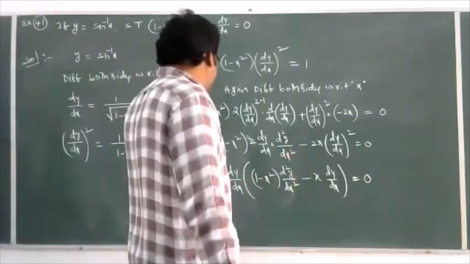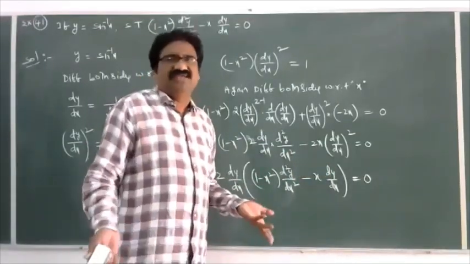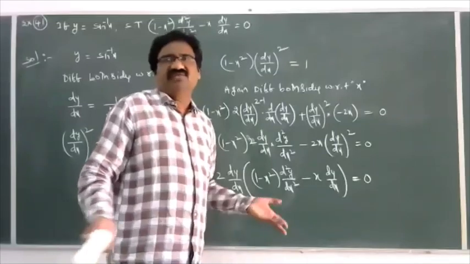So this means AB is equal to 0 means A is equal to 0 or B is equal to 0 or both are equal to 0.